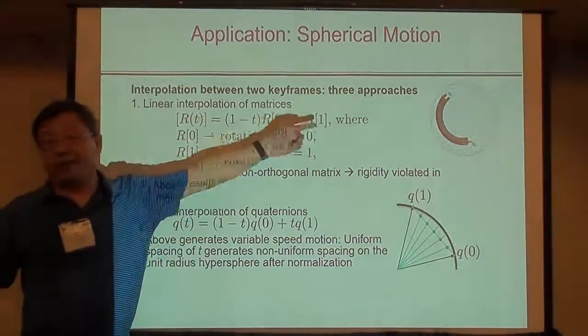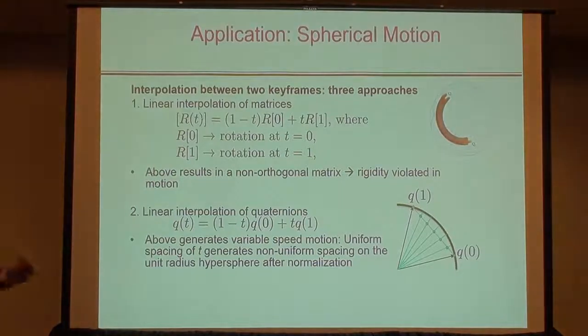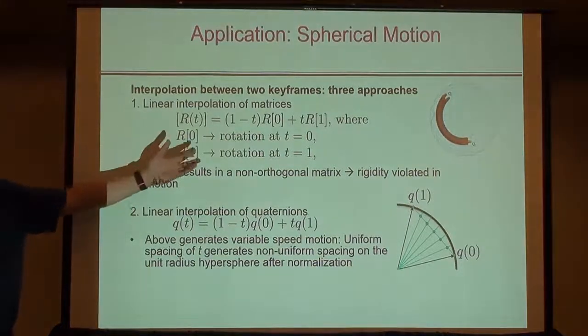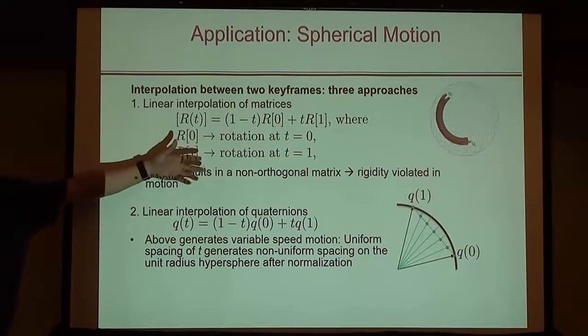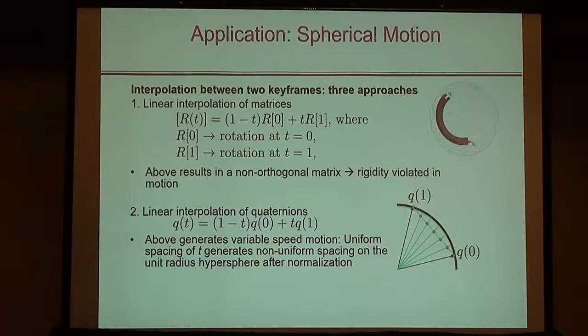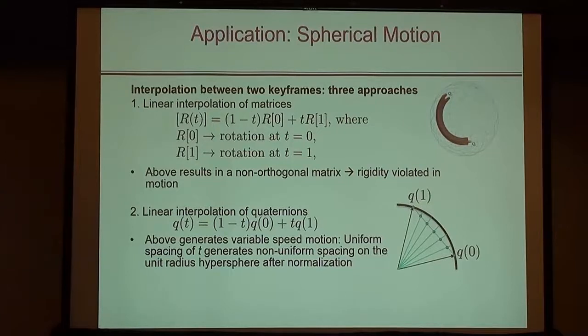R0 is, R1 is, but Rt is not if you apply it. So you will have to go through a normalization process. You need to make sure the coordinate vectors are perpendicular once again and all that. It's very costly to do that. It also distorts the rotation as well.